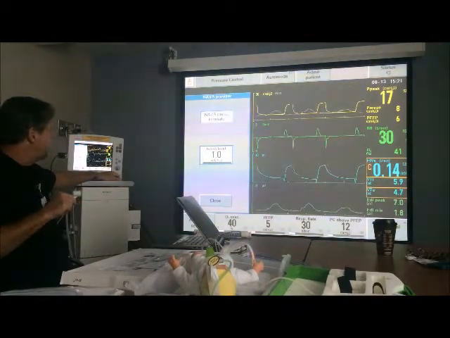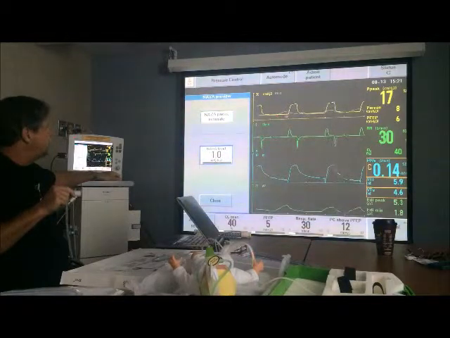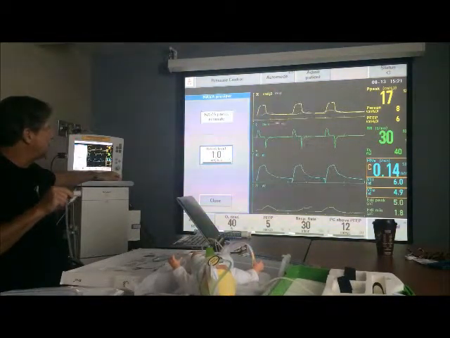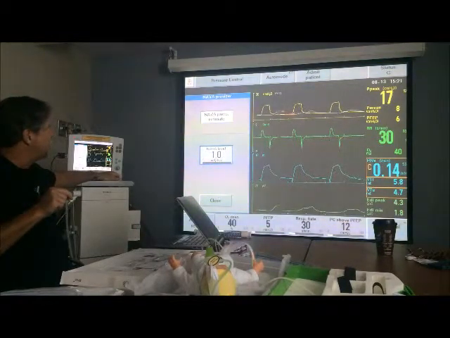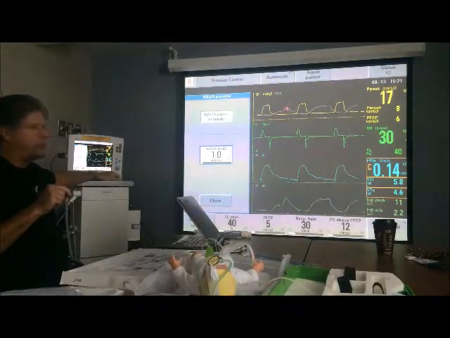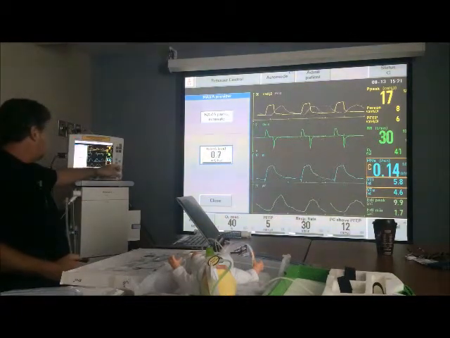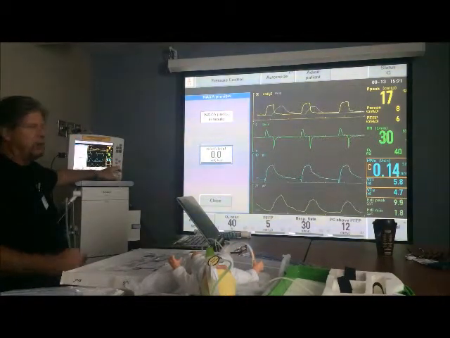It's saying that if I was in NAVA now, at a NAVA level of 1 centimeter of water pressure per microvolt, I would be delivering 1 times about 5 on top of the peak of 5, so my pressure would be about 10, okay? That one now it would be 11, so that's why the pressure peak went higher, and then it was a little lower. So what would happen if I turned this to 0?